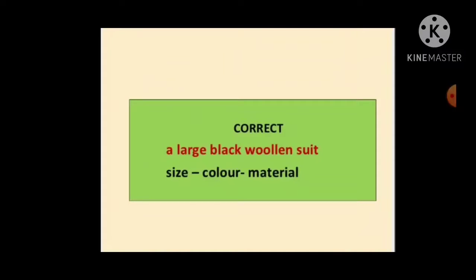Large size. Okay. Black color. Woolen material. Okay. You can also think large as opinion here. No problem. Large comes under opinion also, because big, small also used earlier as opinion.